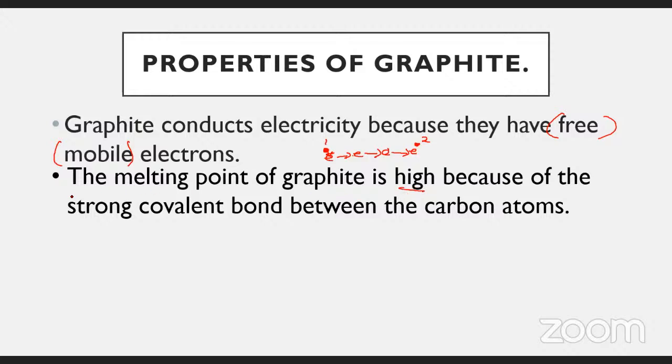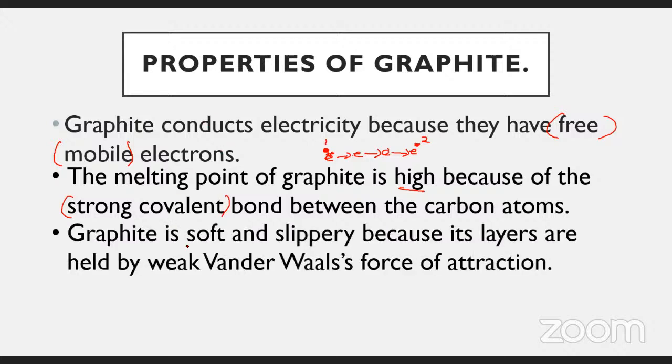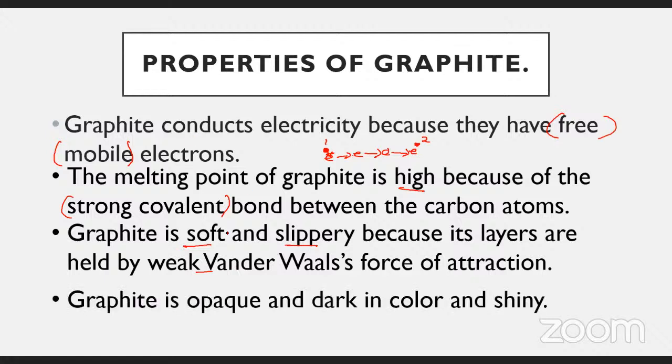The melting point of graphite is high because of the strong covalent bonds. Graphite is soft, we've talked about it, and slippery because of the layers held by weak van der Waals forces of attraction. Graphite is opaque, Miracle talked about it, it is opaque and dark. Remember, for diamond, we say it is transparent.